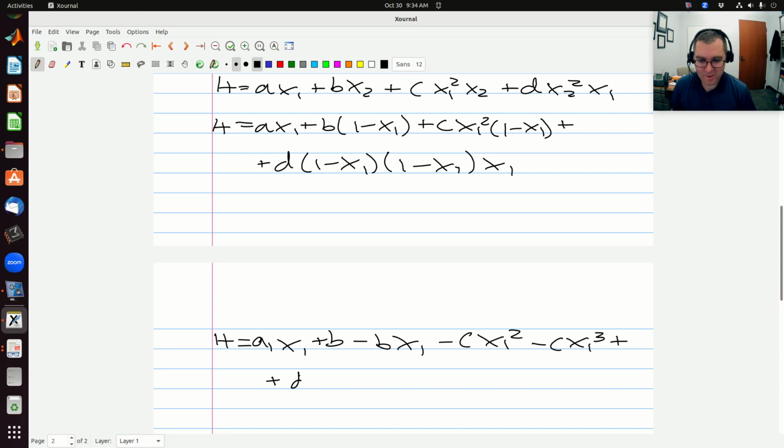So we're going to do one term at a time, so this could be d times 1 minus x1 times 1 minus x1. So actually I'm going to write this as d x1, and I'm going to expand that inside first, d x1 times (1 minus x1 minus x1 plus x1 squared).